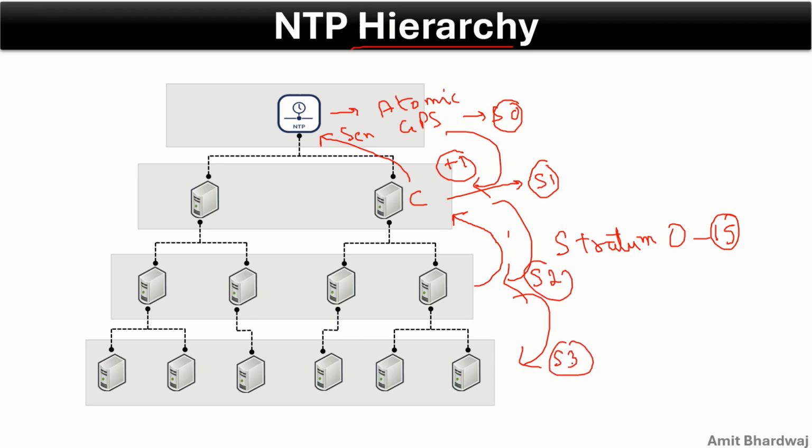This is how the hierarchy happens. Hence, the lower the stratum number, the more accurate the time is, and the lowest is S0. In addition to that, it is important to share that NTP listens on UDP port number 123. That is what the NTP server will listen on.